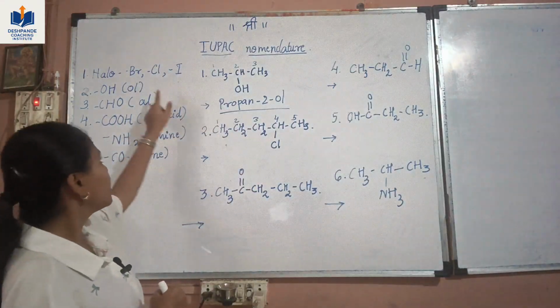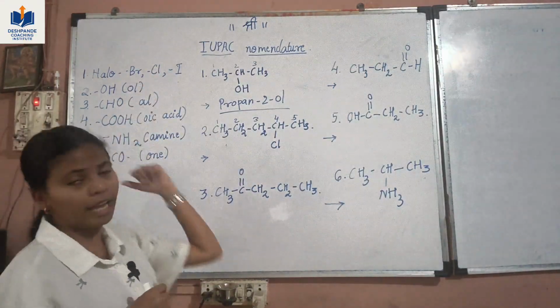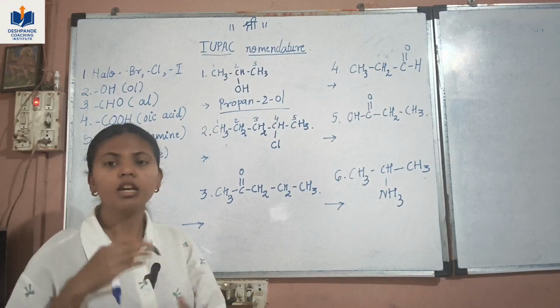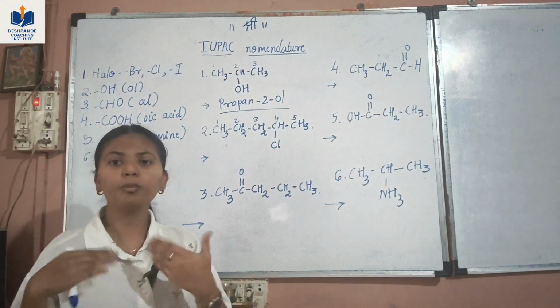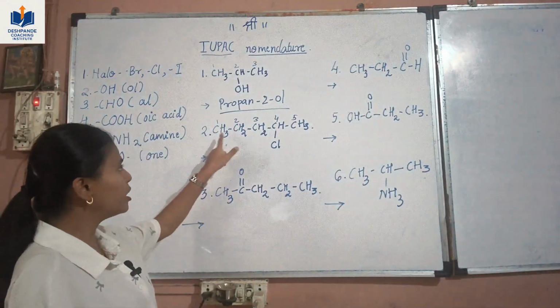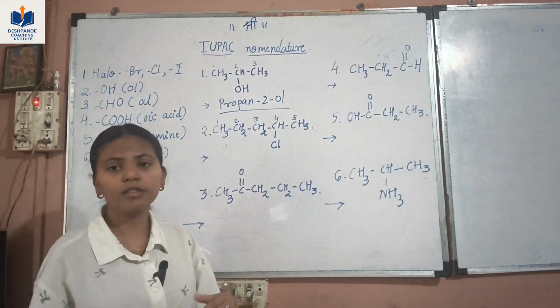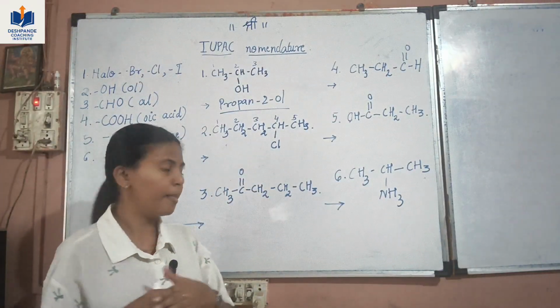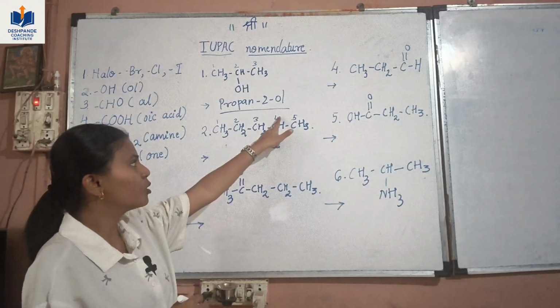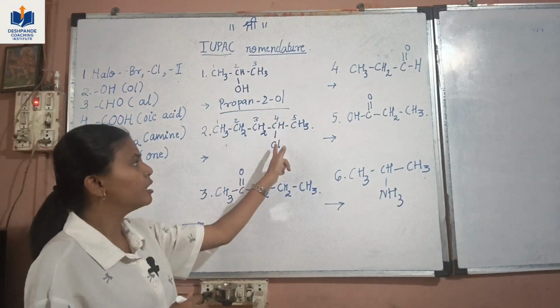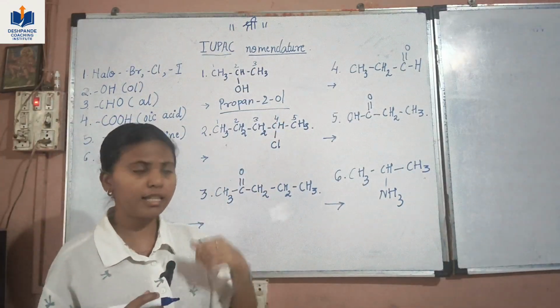And we know that whenever chlorine or bromine or iodine is attached, we call it bromoethane, bromopropane. So it is 1, 2, 3, 4, 5, pentane, and chlorine is attached, so we will call it chloropentane. But we also have to mention to which carbon the chlorine is attached.